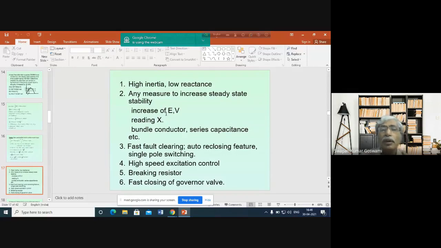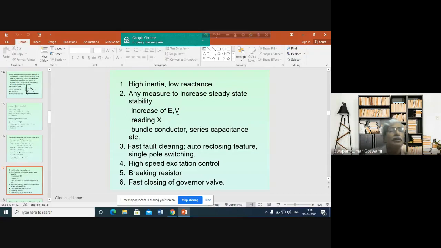Because if the proper value of the peak of the power angle curve is maintained, and we do not allow the voltage to dip, if you do not allow the voltage to drop, then what will happen? The proper value of the peak of the power angle curve will be maintained. As a result, for the given power to be transmitted, the value of delta will be smaller.